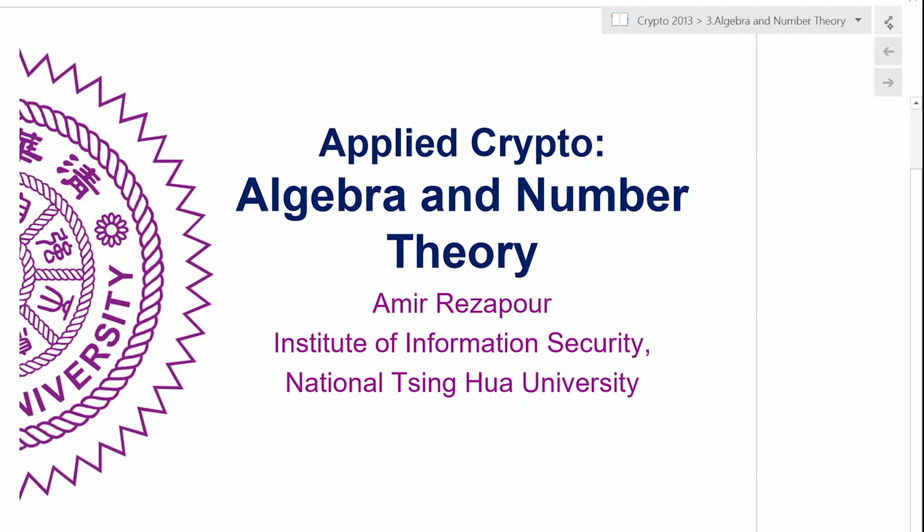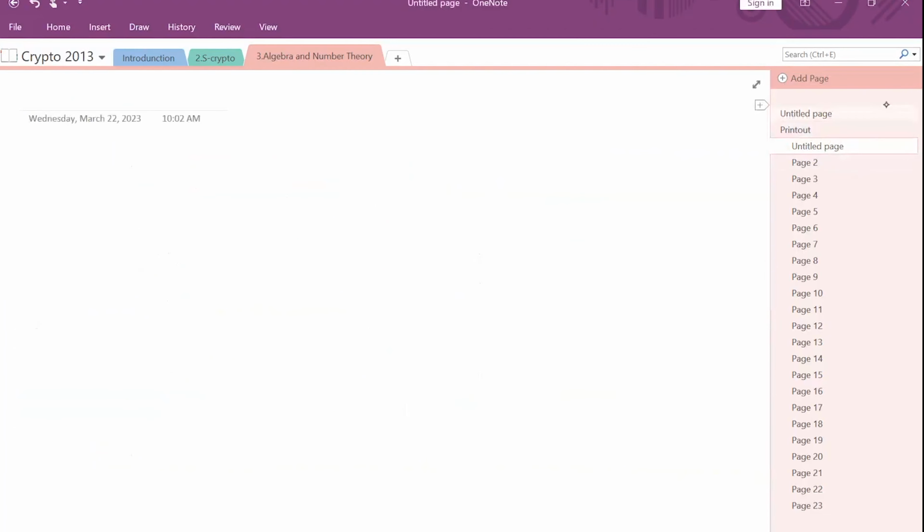So algebra itself is a very abstract course. There is not much immediate application when you unfortunately study the course. But what I would try to do in this chapter is to turn it into a little bit more fun.